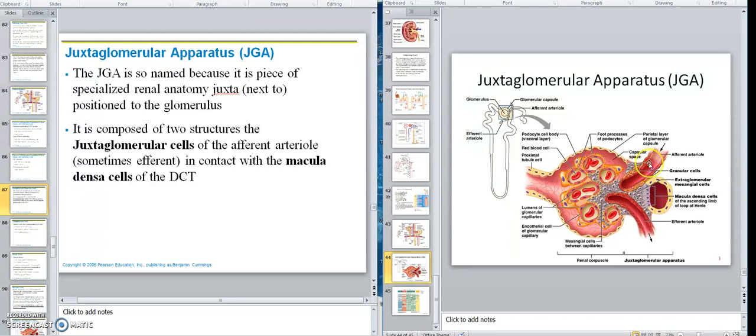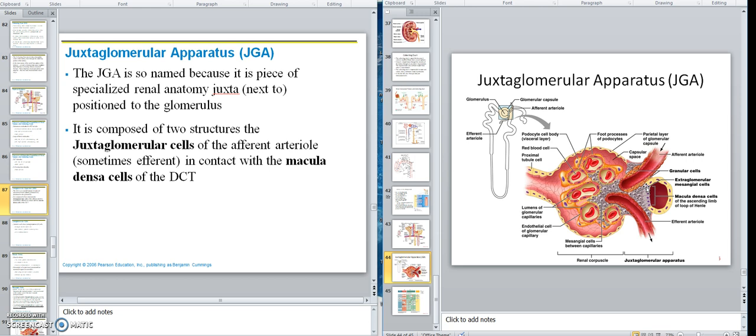These are special epithelial cells in the afferent arteriole. Sometimes it's in the efferent, and some people have it in both. But most of the time it's in the afferent arteriole, these cells. And a spot of dense cells in the distal convoluted tubule. And they come together and touch.